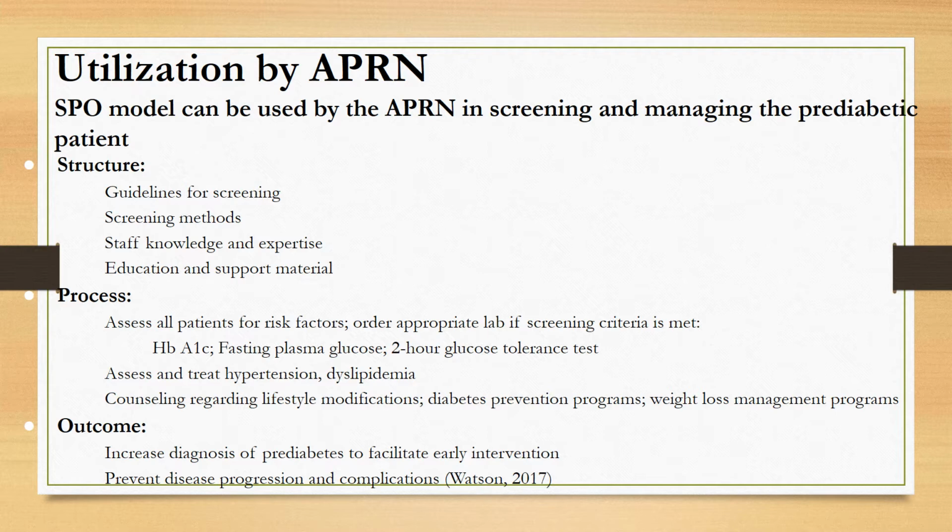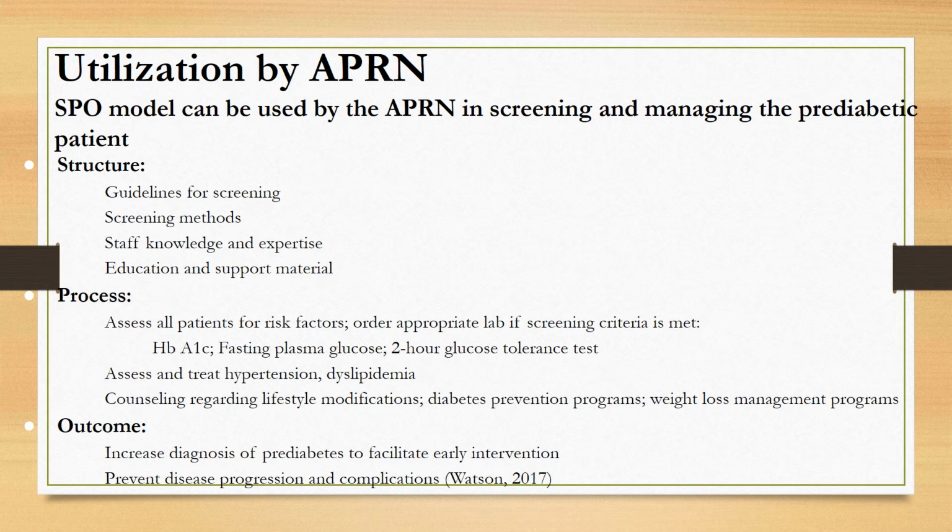Additional process measures would include assessing and treating hypertension and dyslipidemia, and counseling regarding lifestyle modifications, and education regarding diabetes prevention programs and weight loss management programs.